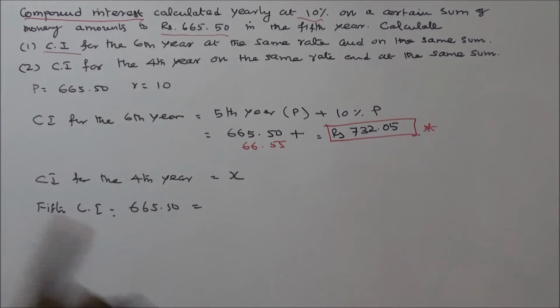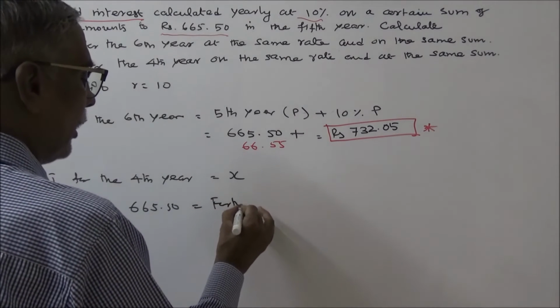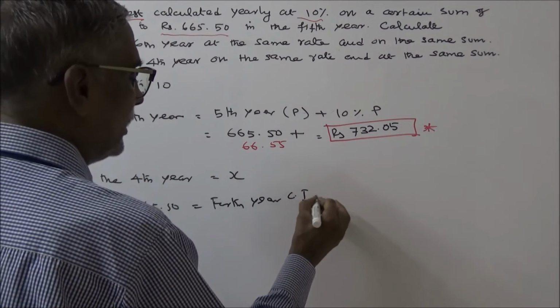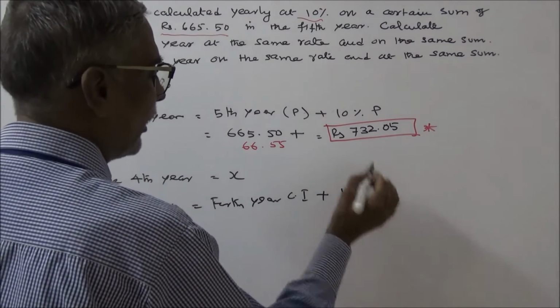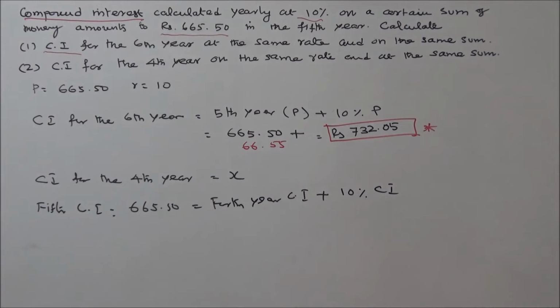So 665.50 is equal to the 4th year compound interest plus 10% of its compound interest. That is the amount for the 4th year, which we don't know, and that is x.